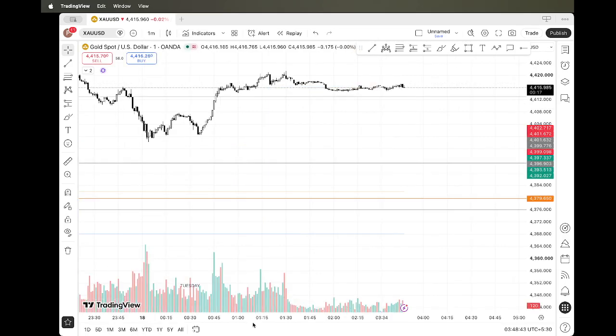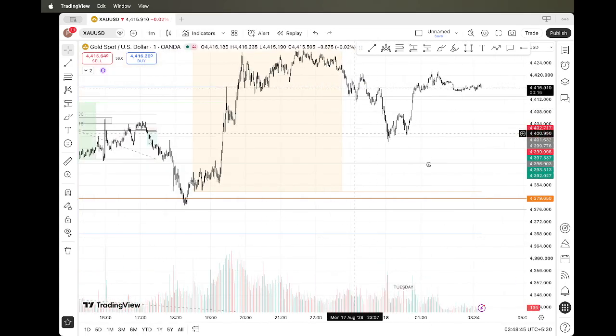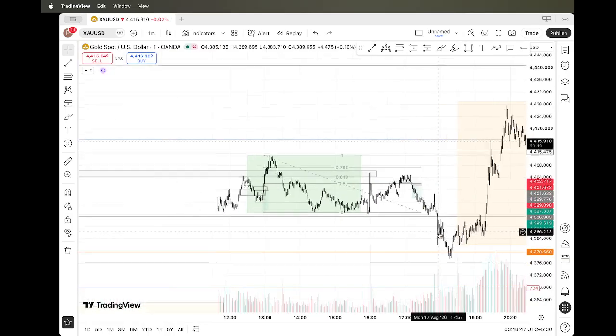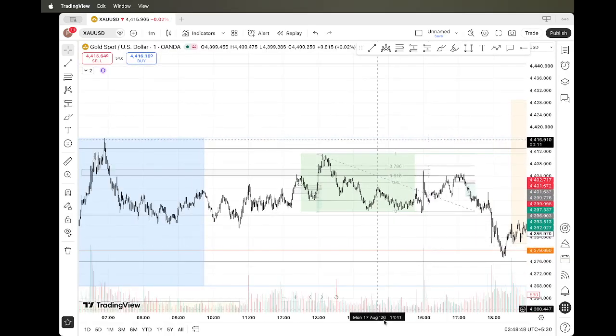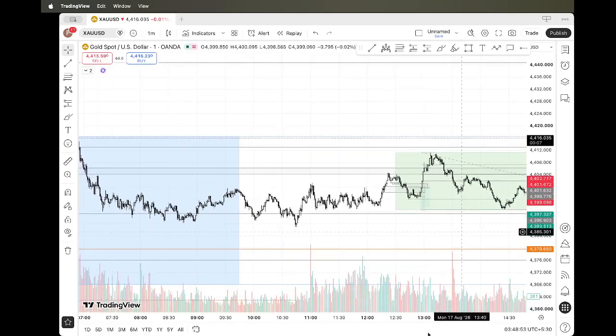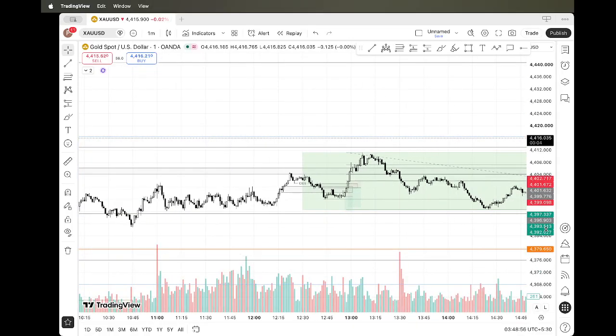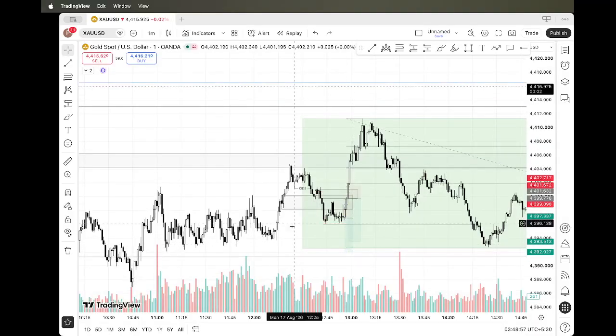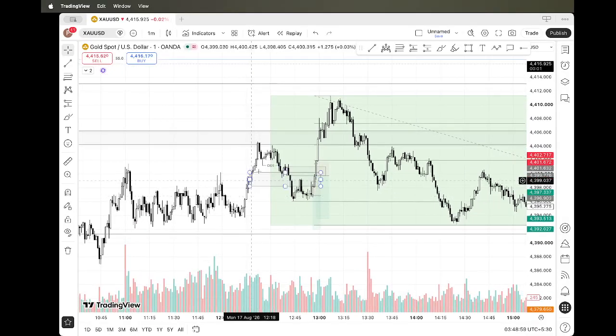So jumping quickly to the 1 minute time frame to explain the entry models, the first thing was that we had this sell to buy and a change in the state of delivery.